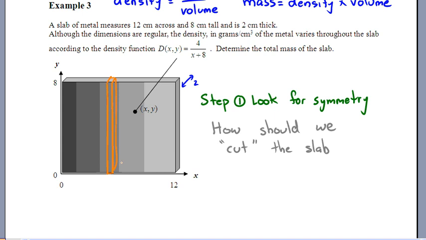If I cut it like that, actually I'm going to just draw that again. It's not totally clear. I didn't do a great job there. If I can make just a small little cut in here like this, that's a bit better.